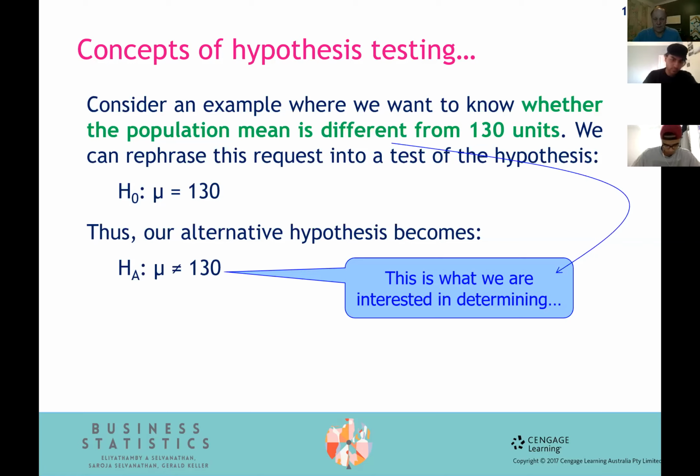Obviously, if they weigh more, I'm losing money because I put too much content in it. If it's way less, my customers will complain to me. And I've worked for a company called Frosty Boy. They make ice cream on exactly this problem.